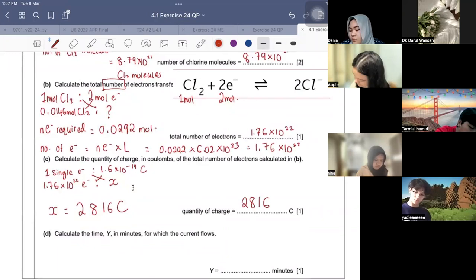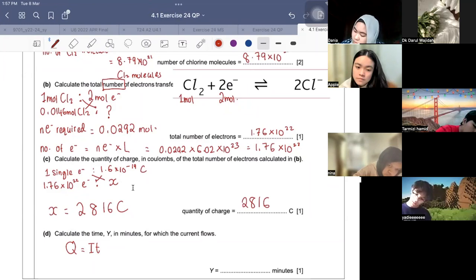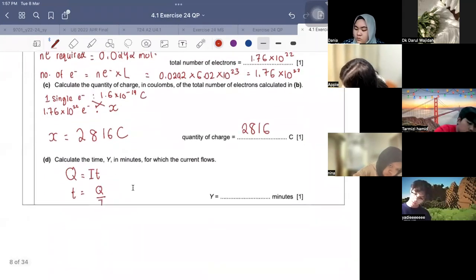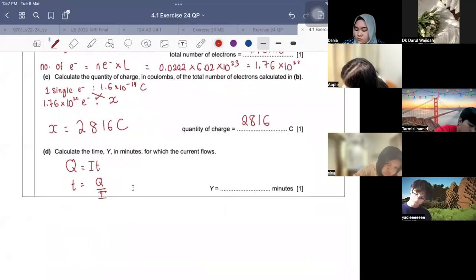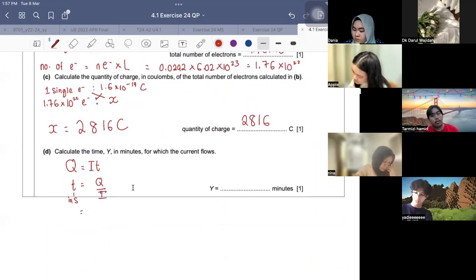So once you know the charge that goes in your setup, you can then work out your T. So T is equal to Q over I. Remember that T, your answer is in seconds. So you have to convert it to minutes as requested by the question.